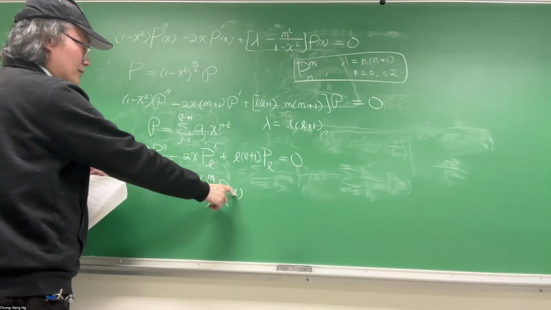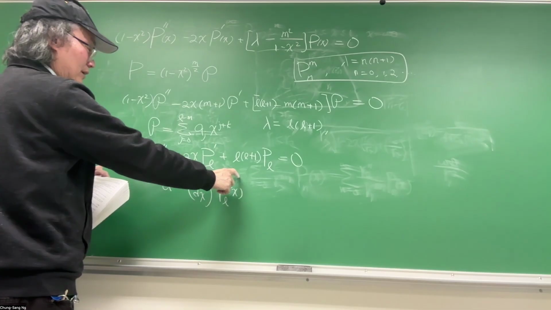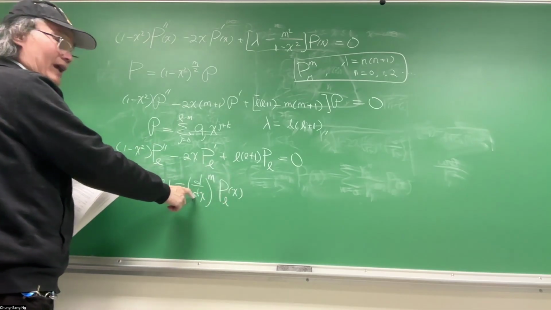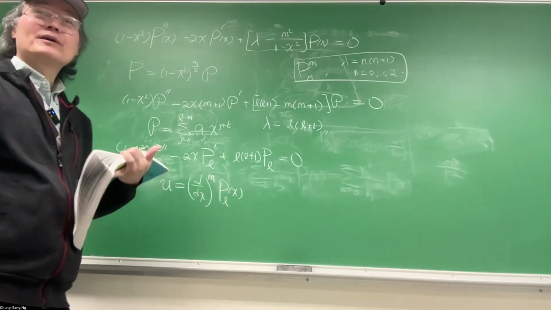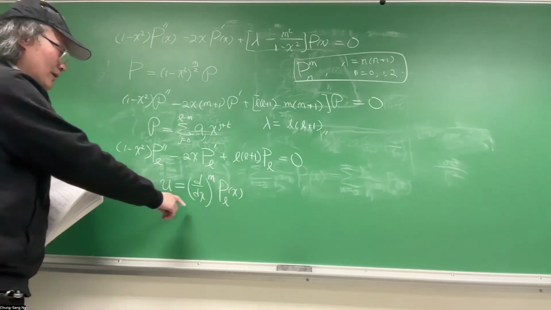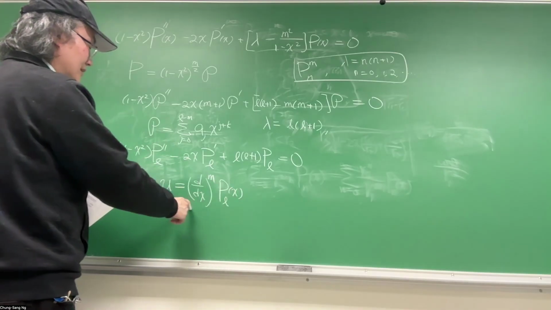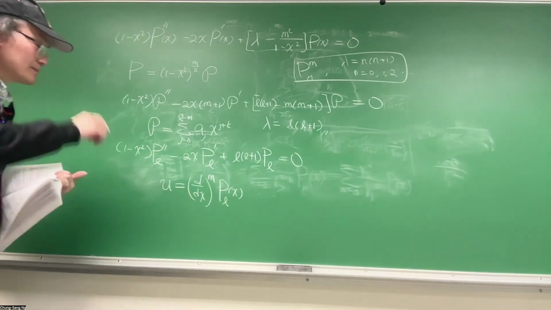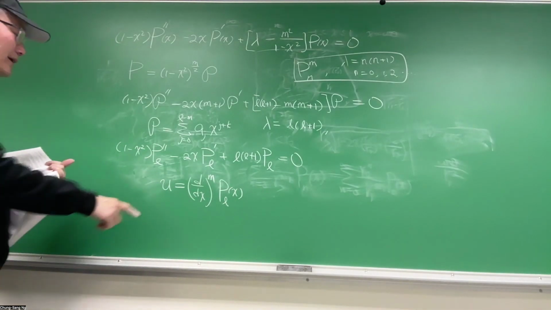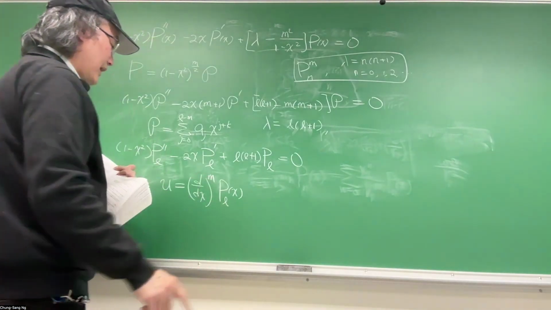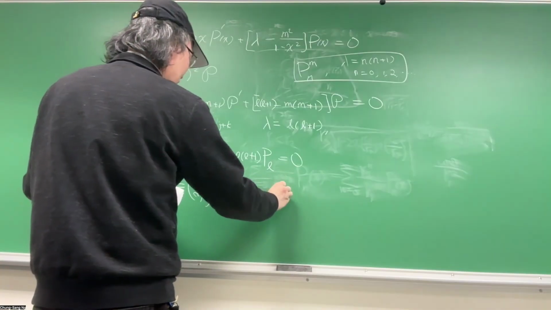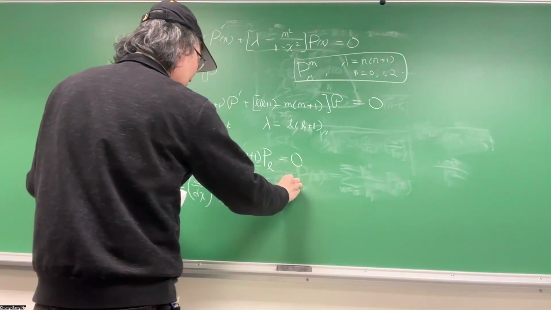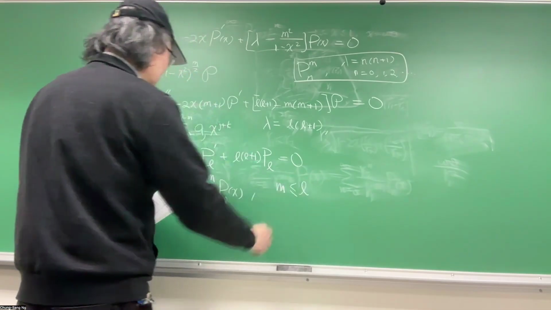Now for this one, the highest power is x to the L power. Now you take m derivatives. If m is greater than L, obviously you make it 0. You take more derivatives than your power, you make it 0. So m will be less or equals to L. So m is required to be less than or equal to L.